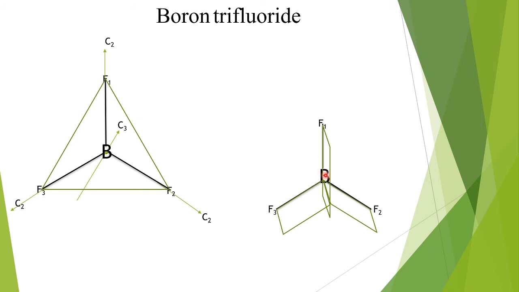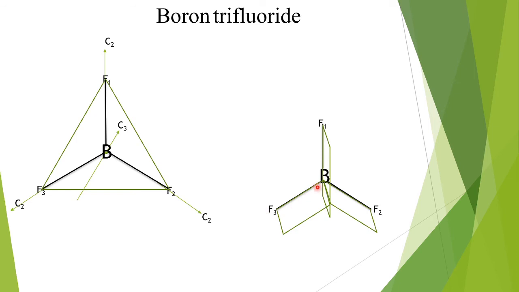We get half of the fluorine atom on the left hand side, half on the right hand side. Boron also half to the left, half to the right. That is, we can divide this boron trifluoride into two equal halves by the plane passing through boron and F1. That is one plane. Then another plane is passing through boron and F2, which cuts the molecule into two equal halves. And the next one is boron and F3, which again cuts the molecule into two equal halves.